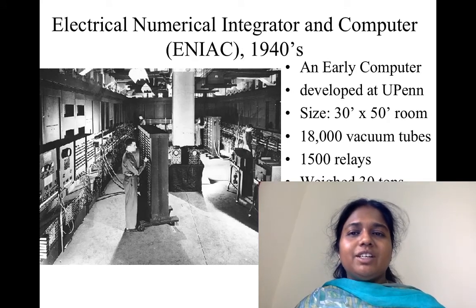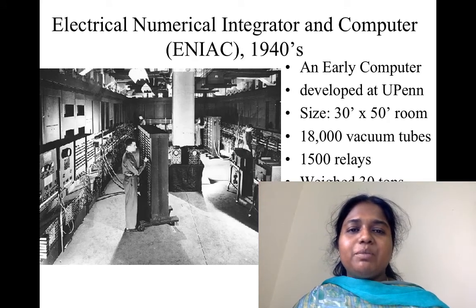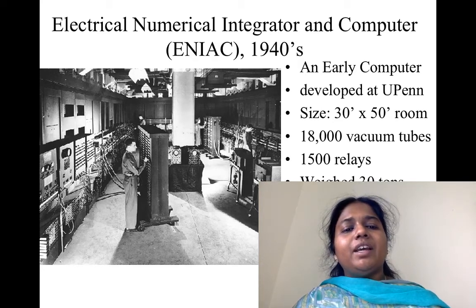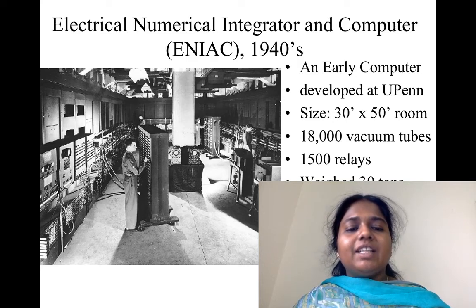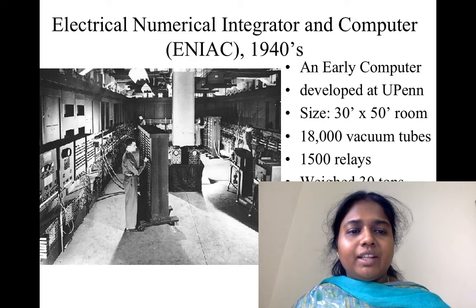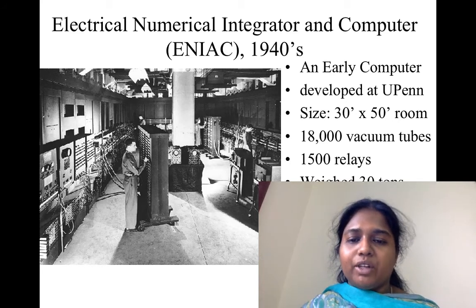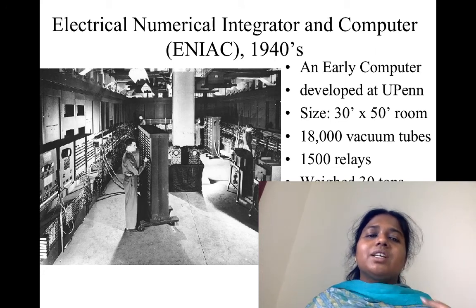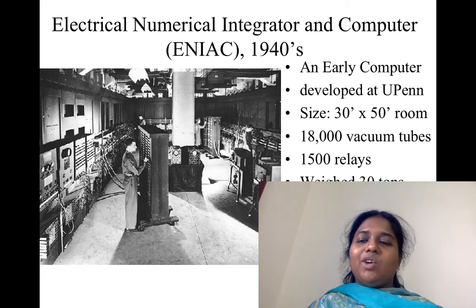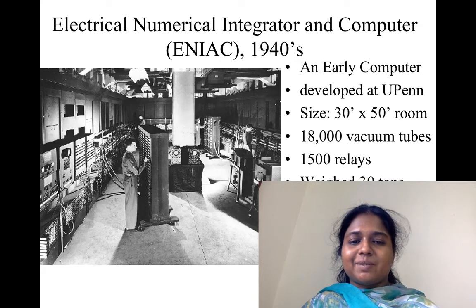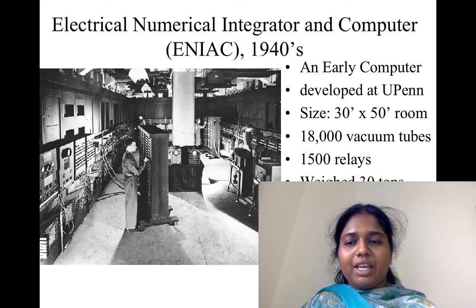A computer using the vacuum tubes was designed, called the Electrical Numerical Integrator and Computer, ENIAC, and it had 18,000 vacuum tubes, and the entire room was 30 cross 50 feet. So this entire room is a computer. One computer is this big, and it weighed almost 330 tons, and it required special programming capability.